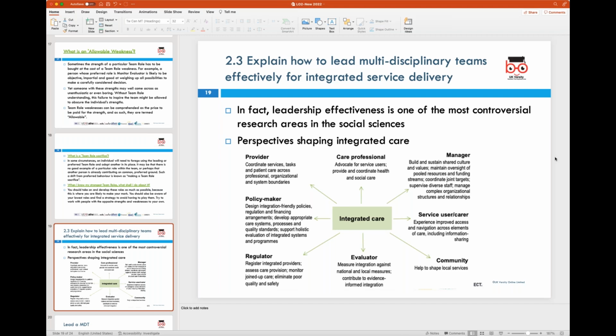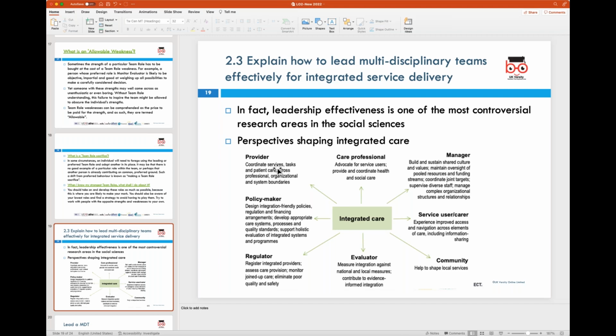Now, when we talk about integrated care, there are certain elements to how this care is delivered and who receives it and what role they play. So it is depicted on this particular diagram or flow chart. When we look at integrated care, you have a provider, you have a policy maker. In this case, it is CQC, which is a regulator. The policy maker could be the government, in this case, the National Health Department.